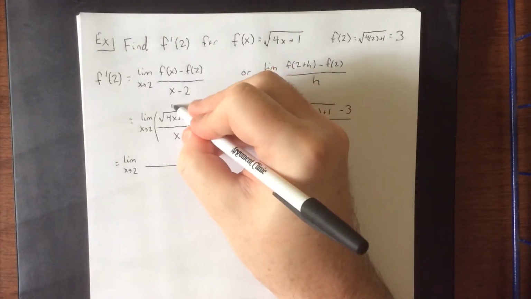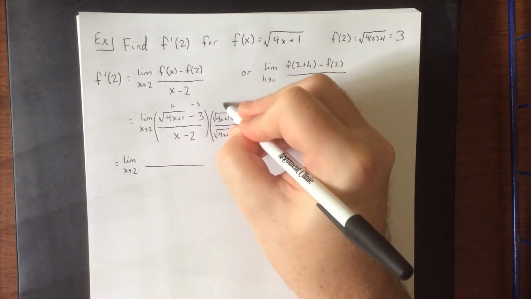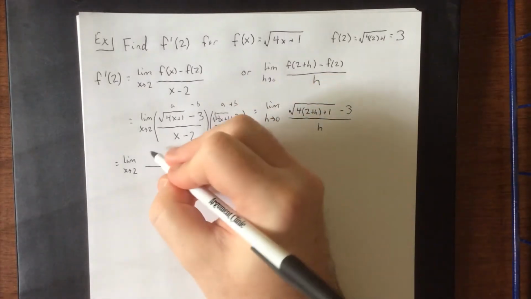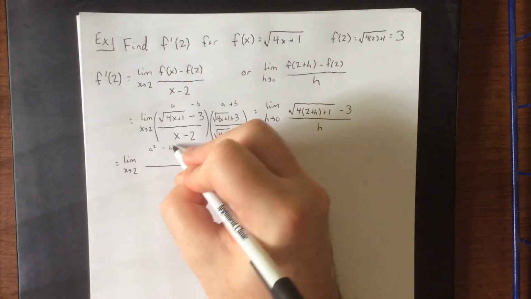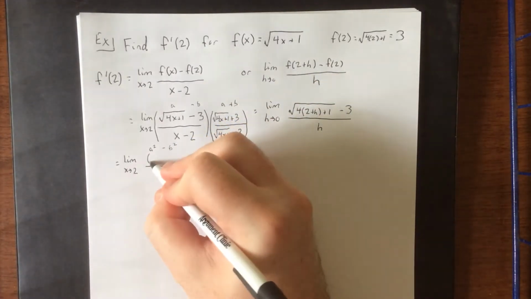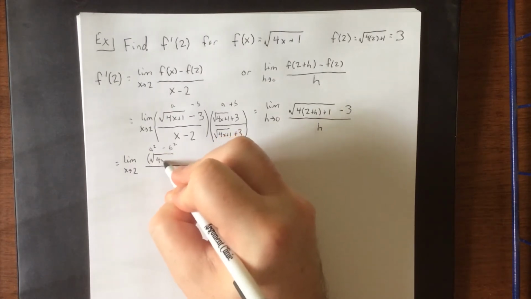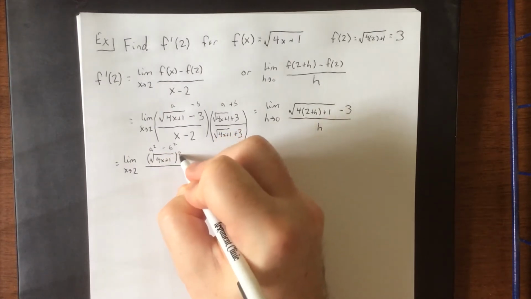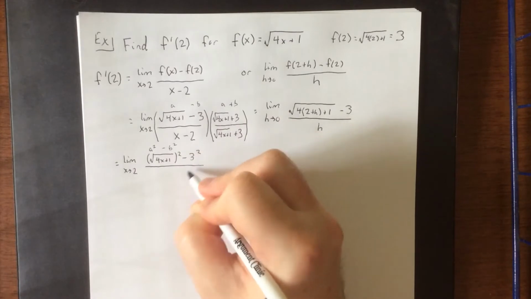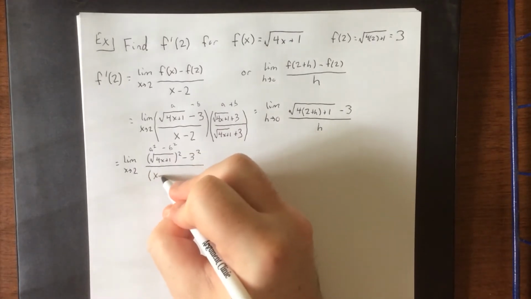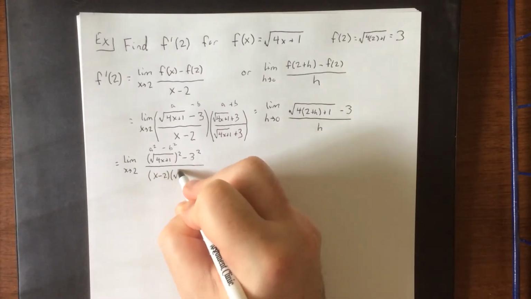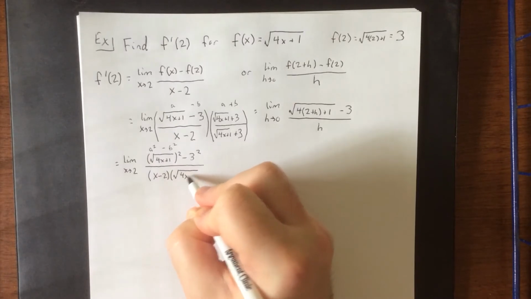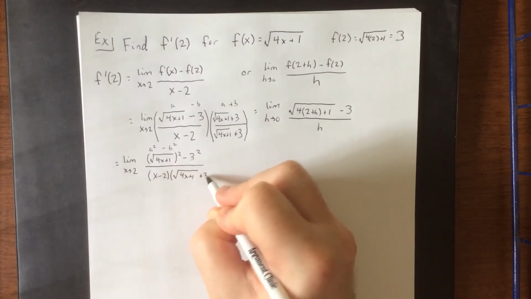So your numerator takes the form a minus b times a plus b. That's going to result in a squared minus b squared up top. So that'll be the square root of 4x plus 1, quantity squared, minus 3 squared. Your denominator remains as is. There's no reason to FOIL since we're going to want to have it factored eventually anyway.